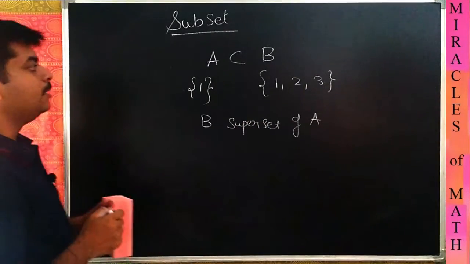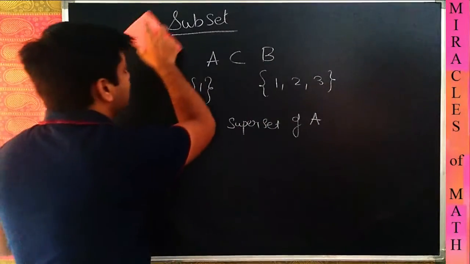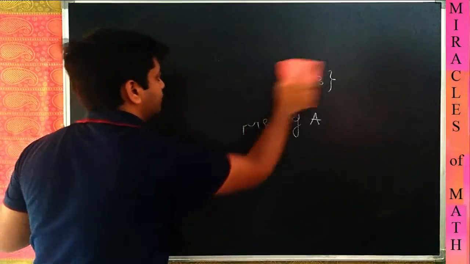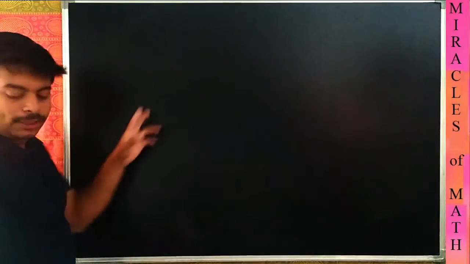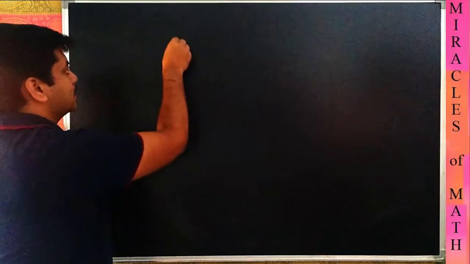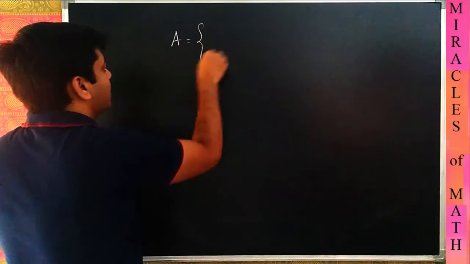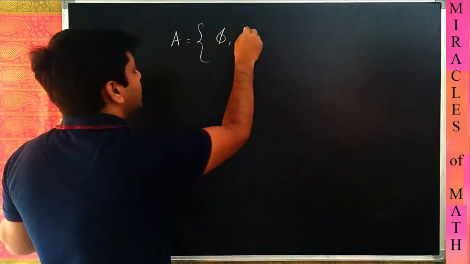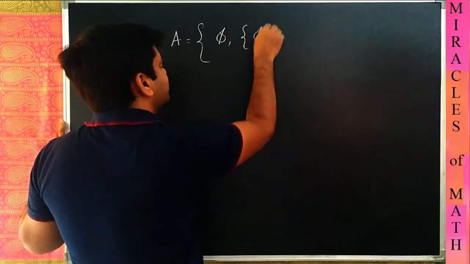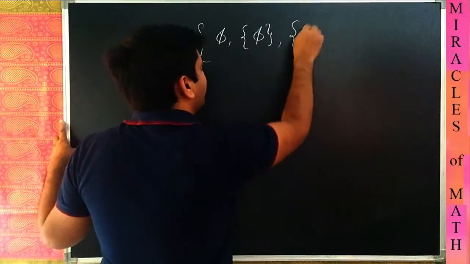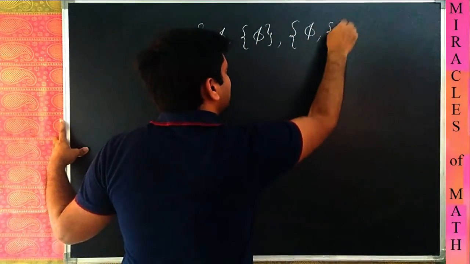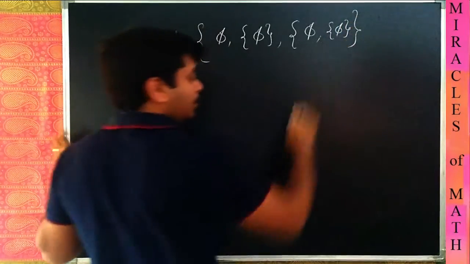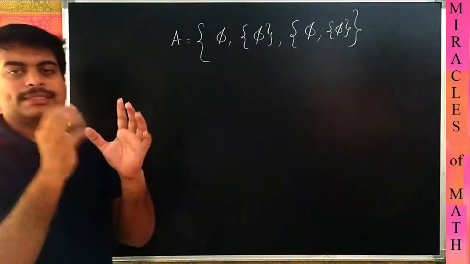Clear? So the next one is power set. Before that, we'll see one more example in subsets. Let us take a set A as the element 5, set of 5, set of 5 comma set of 5. I will confuse you here, so listen carefully.